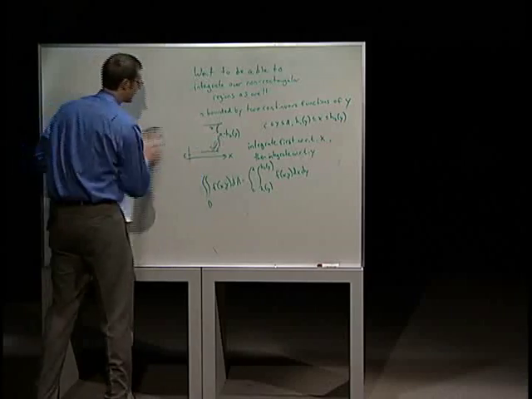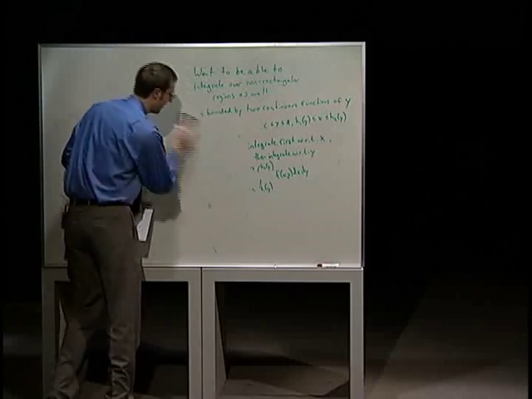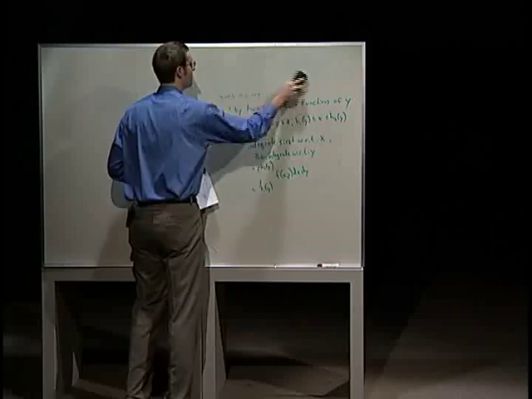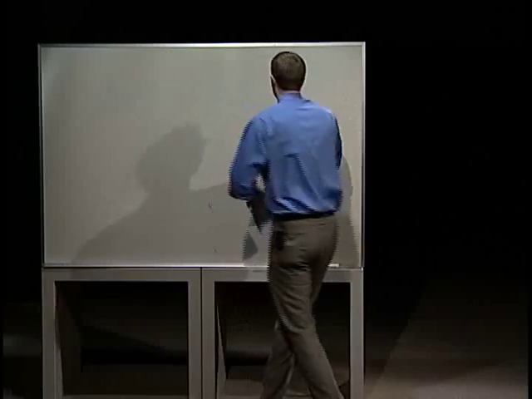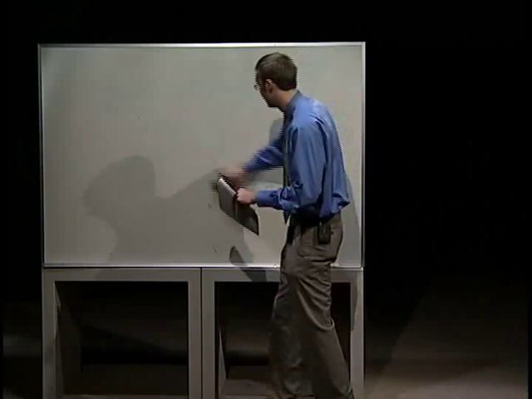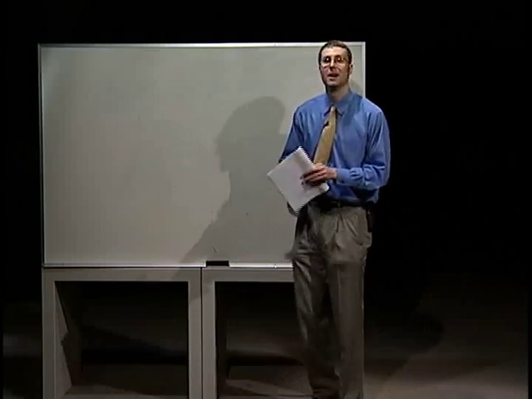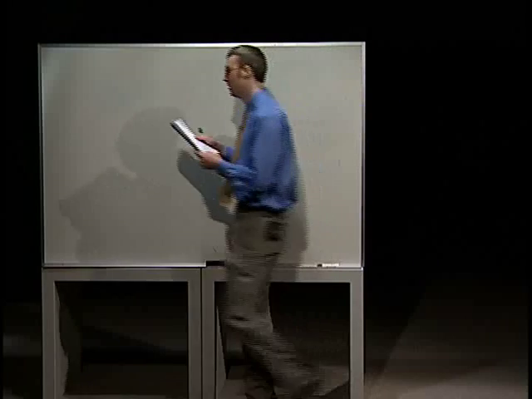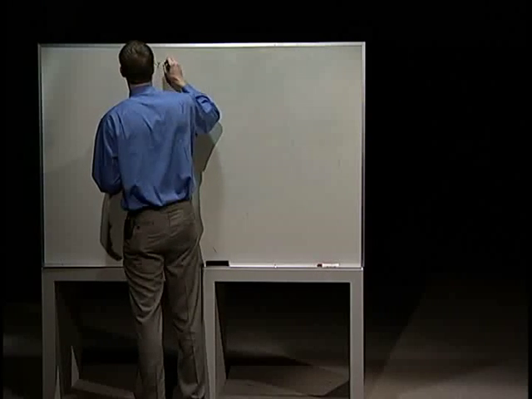Well, the fact is that lots of regions can be expressed both ways, as a type 1 or type 2 region. And that's fine, but it may be that one way or the other of looking at things leads to easier math.